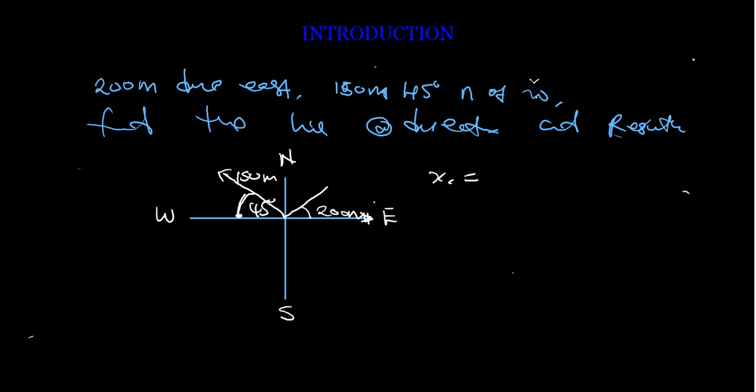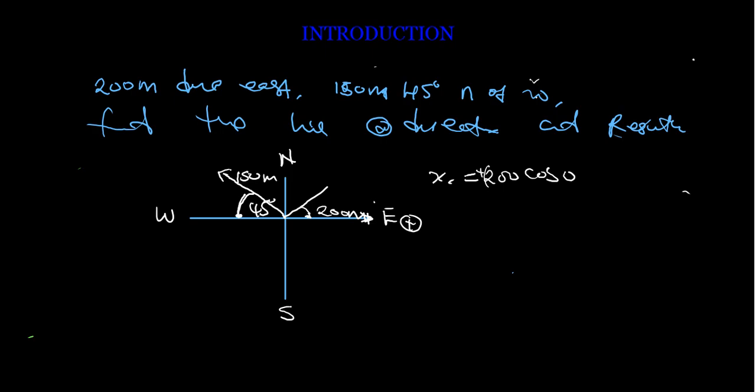Since it's due, meaning it's 0 here, it's not raised to some height, so it's 0. We get the magnitude, which is 200, on the positive side, then cos, and the angle is now 0 because it's just due.